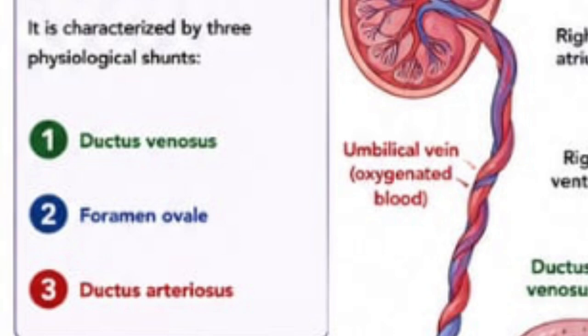Then you have the foramen ovale, and you have the ductus arteriosus, which are also present in the child. These three components are important for physiological shunting, and for successful cardiovascular communication between the heart, the blood vessels, and other components of the child.